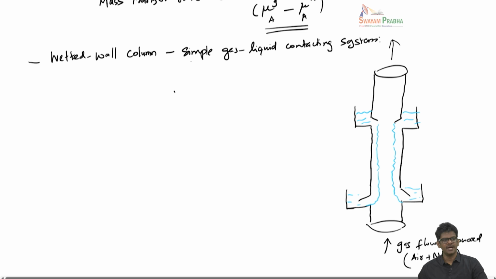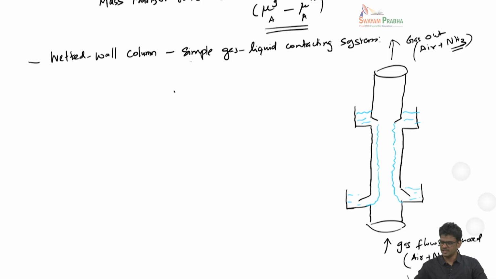So ammonia would be high in concentration at the bottom, and it will be lean here. Okay, so this is gas out. This also contains air plus some amount of ammonia, but the concentration of ammonia here at the outlet will be less compared to the inlet. This is because we are actually having a liquid reservoir. This is a liquid reservoir.